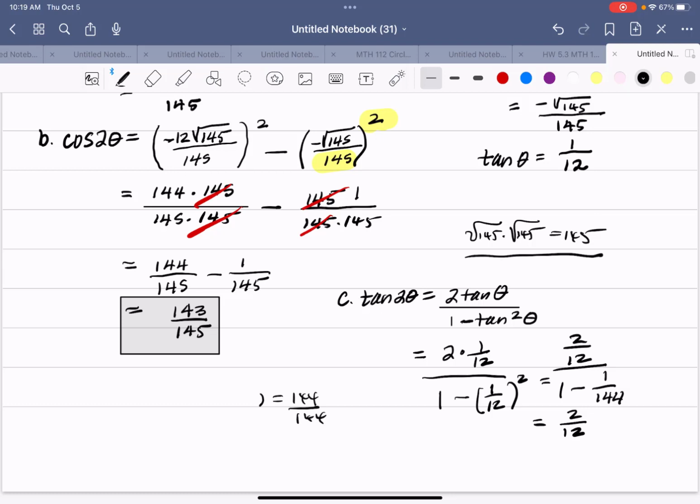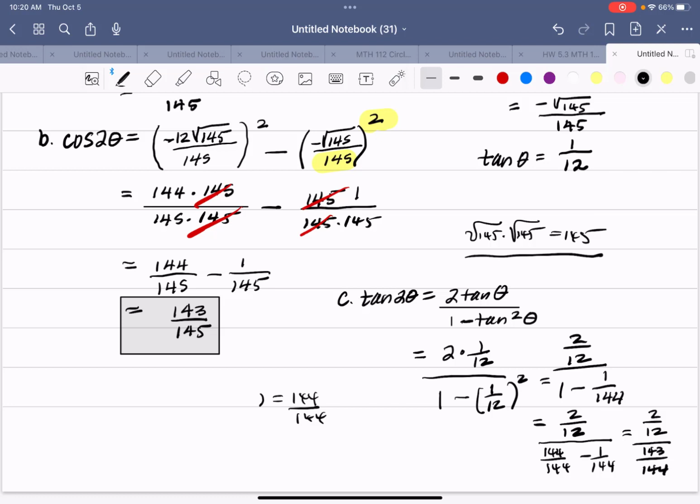So I've got in my denominator 144 over 144 minus 1 over 144. That's going to give me 2/12 over 143 over 144.